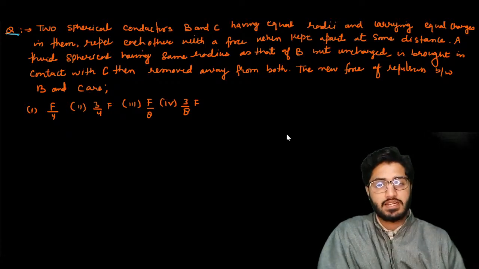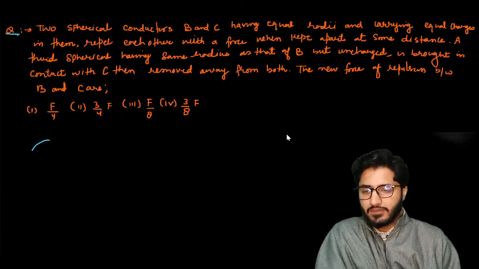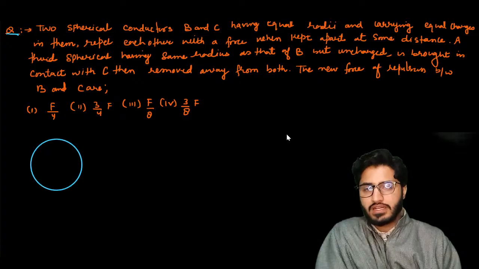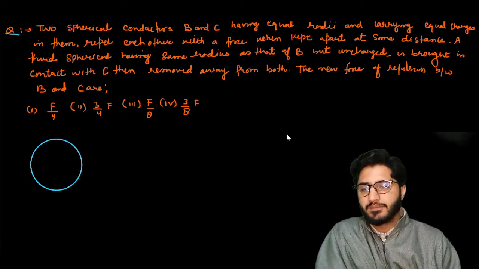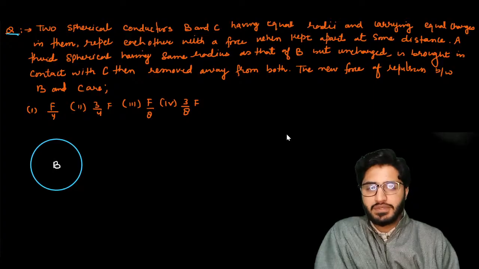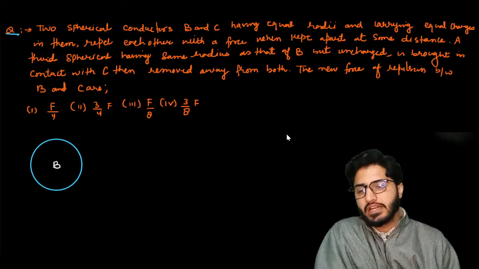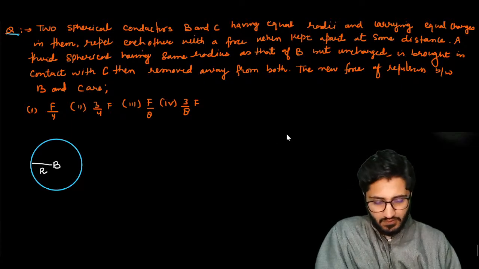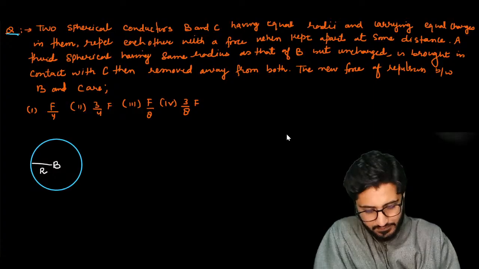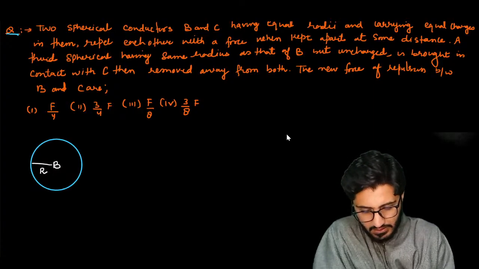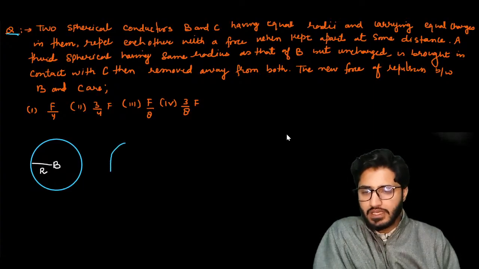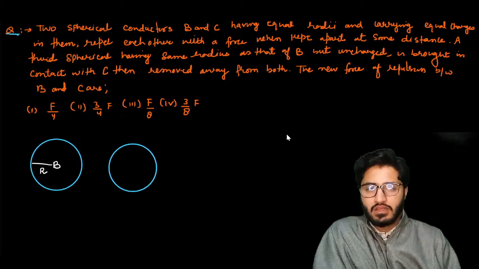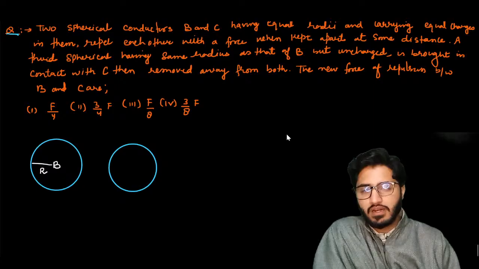I will make one conductor here, and this first conductor is named B, and let us suppose its radius is R. I will make one more conductor here, similarly this is C with the radius R.